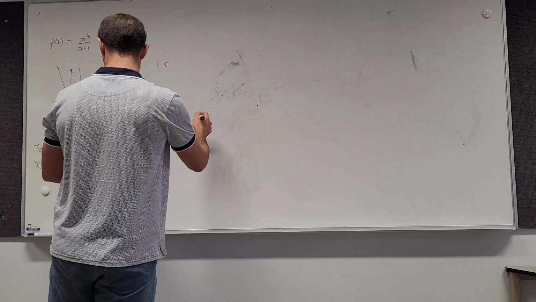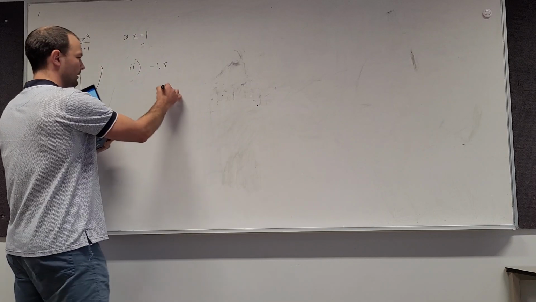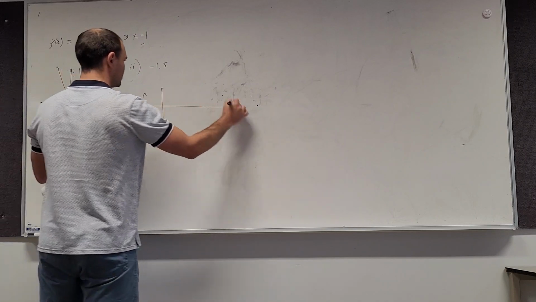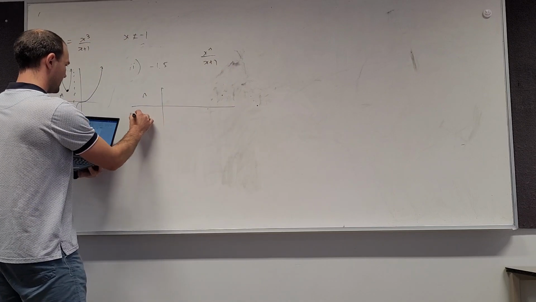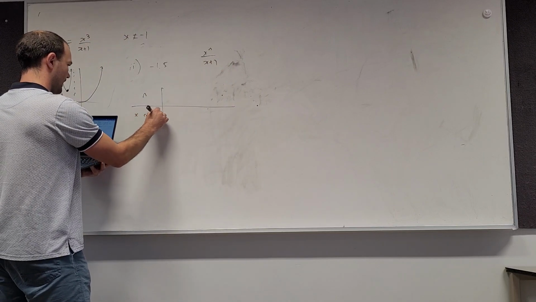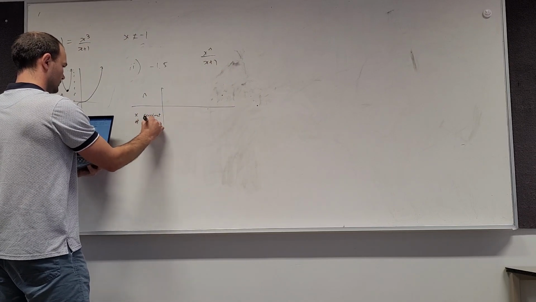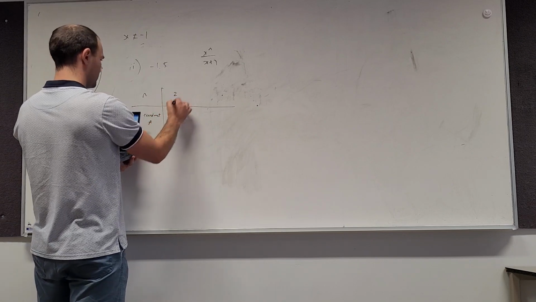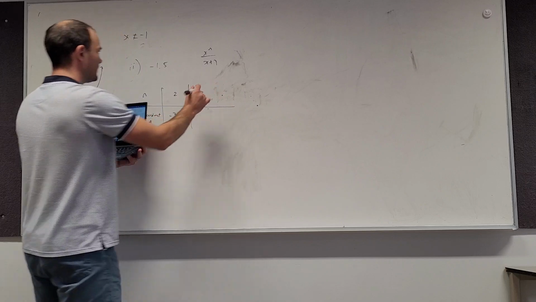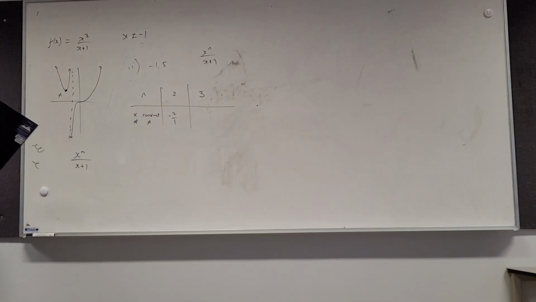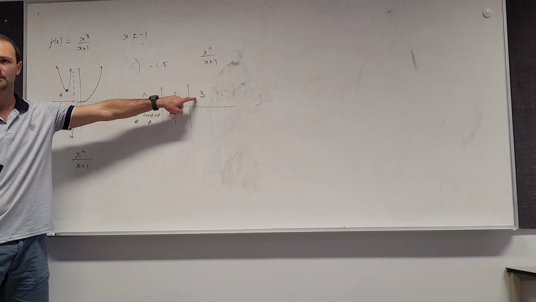So it says fill in the table in the form a on b. So we have n, the function is x to the n on x plus 1, and we have the x coordinate of A. And we're told the first one. All right, now in our first circumstance, we investigated 3.